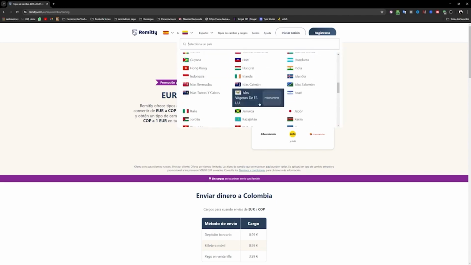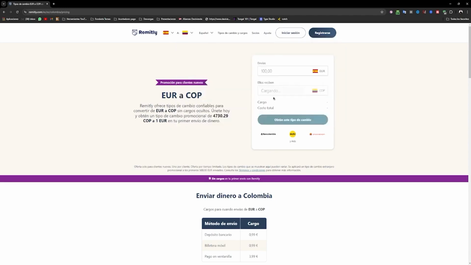For individuals from another country who, for example, do not wish to receive in Colombia but in Brazil, the Dominican Republic, or any other nation, it essentially depends on the rate they provide us for each currency they send us. In this instance, it would be how much they would return to us for each euro.